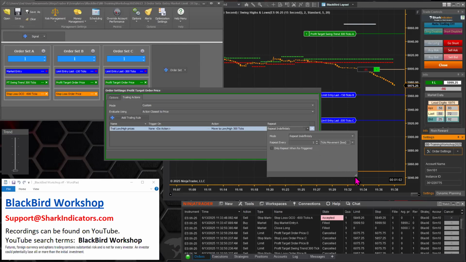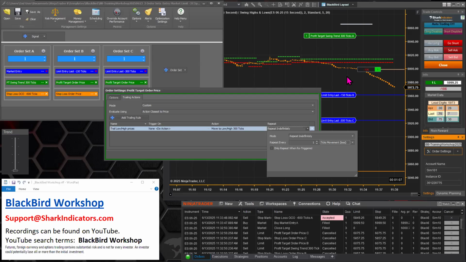But again, it all depends on the chart type that you're trading with. If you're on a 10-minute chart, there could be only a few bars between the profit target and these other entry orders.